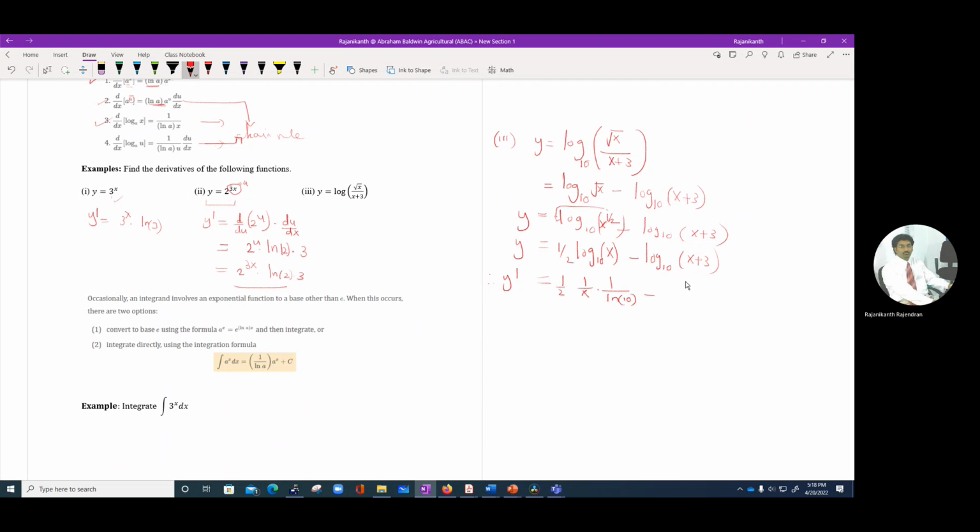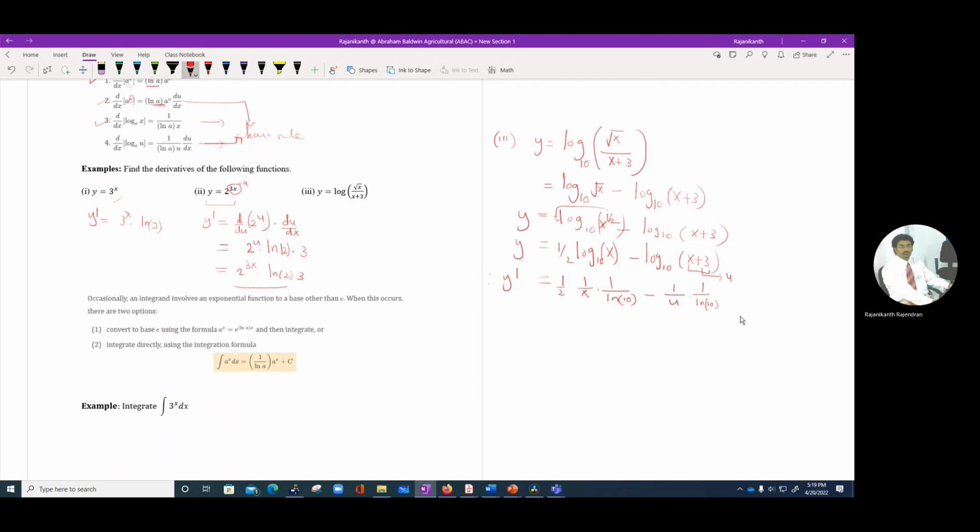Then for this one, think of this as u. So use the chain rule with u substitution. So if this is u, this is like log of u base 10, right? So that is nothing but 1 over u times ln 10.